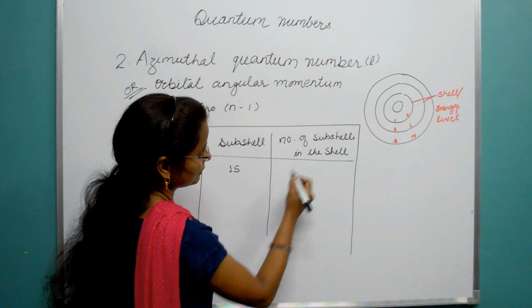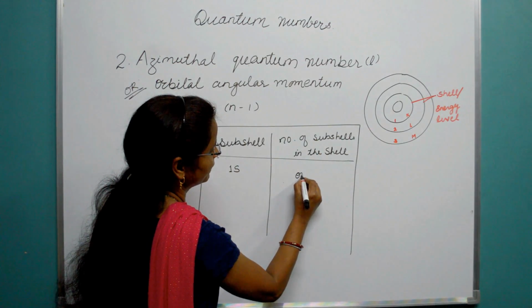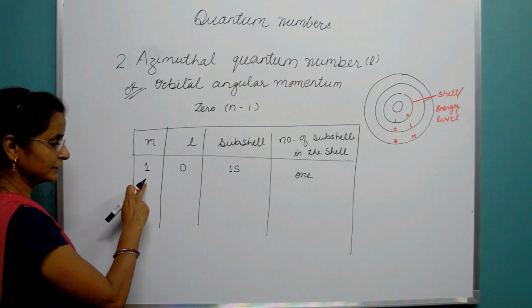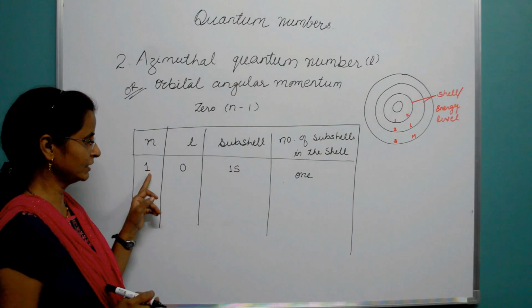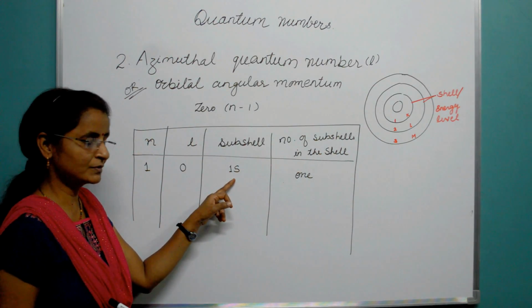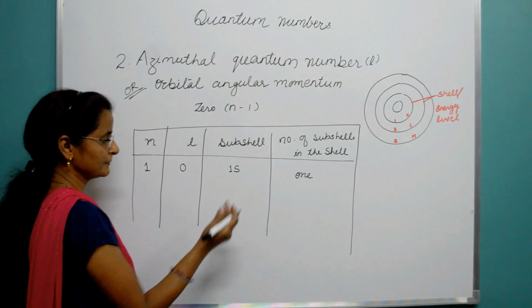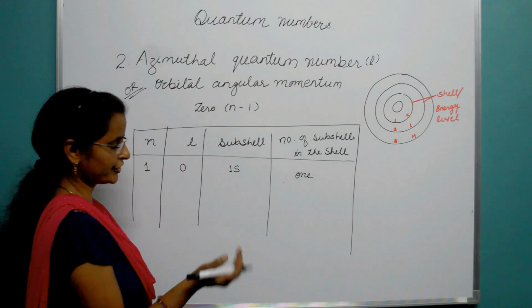So the number of subshells in the shell is only 1. In the first energy level, the azimuthal quantum number is 0, and the subshell is only 1s, and this 1 represents the principal quantum number or shell number.